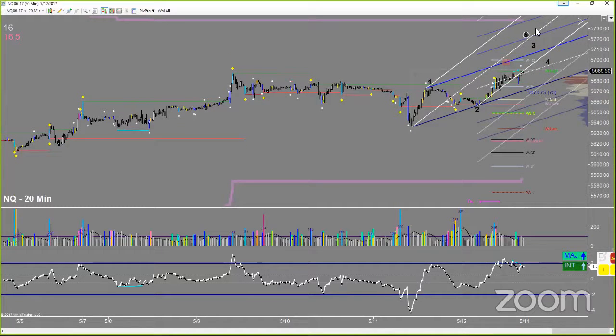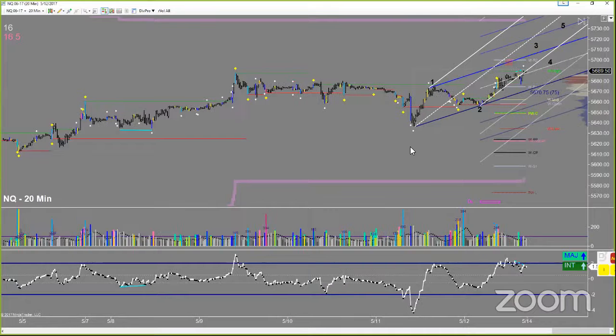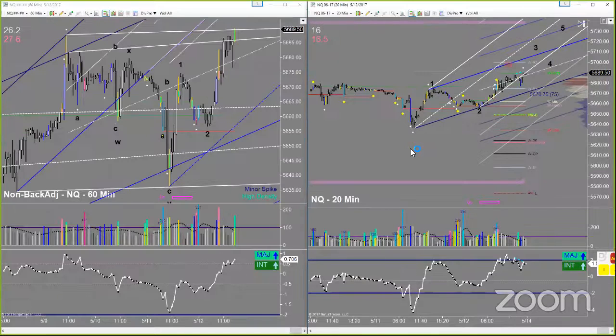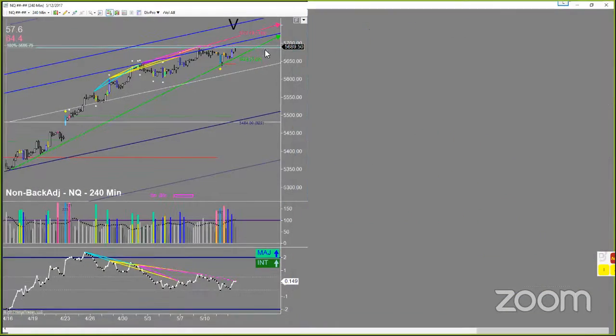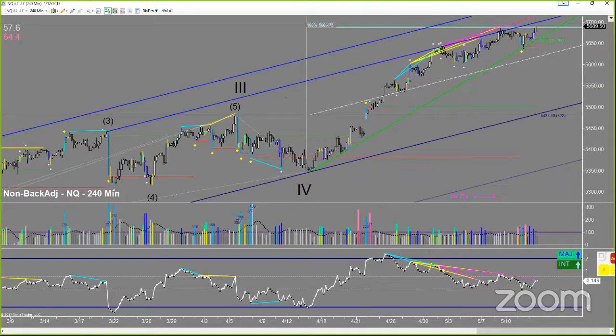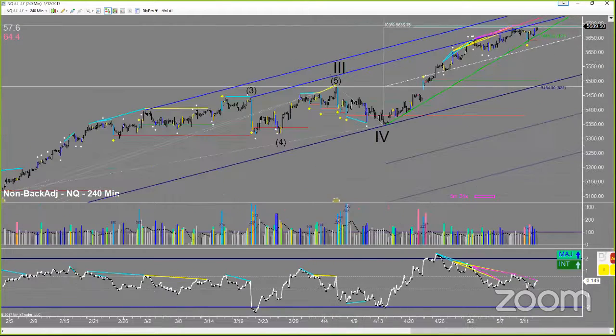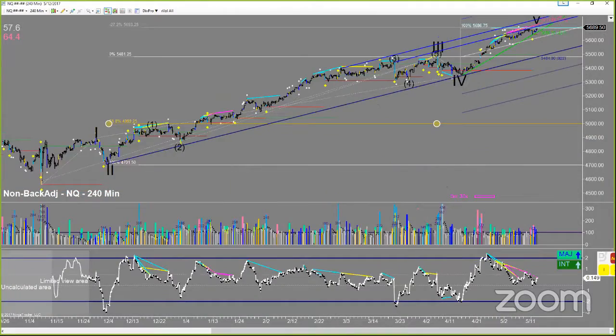And what I'm thinking is, let me show you, that we are potentially about to be making a major top. I know the ES isn't quite looking the same as the NASDAQ, but you can see in the NASDAQ, it's just a huge amount of divergence here as we're kind of getting that rounded look now on the 240-minute chart.